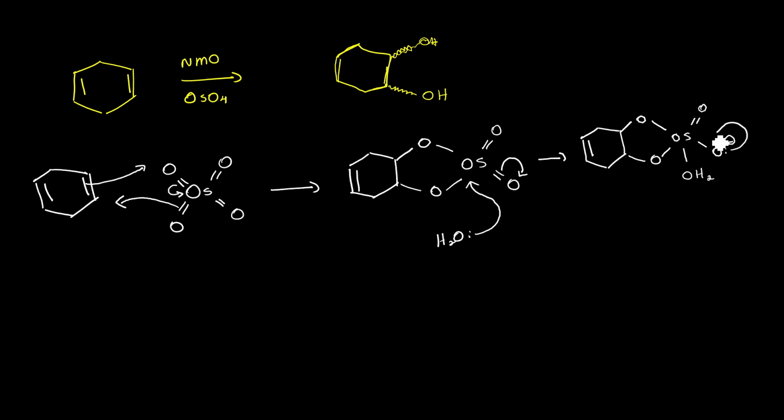It will come again to form a new pi bond with osmium. So now you know this osmium is getting destabilized. In order to get stabilized, it has to break one of its bonds. So in this case, this bond gets broken, and we have our product like this.